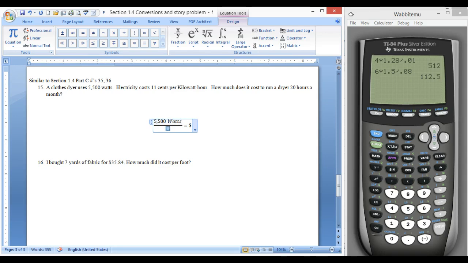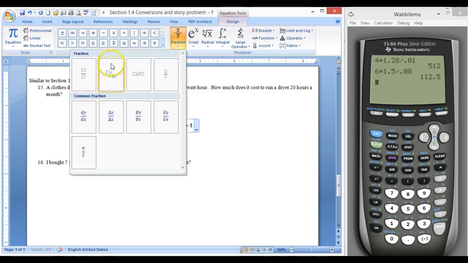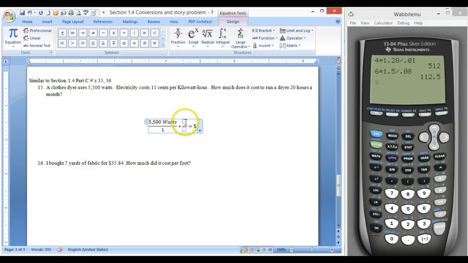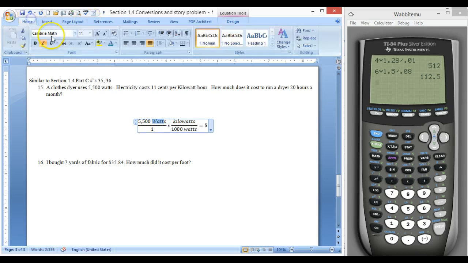I'll put that over a 1 and times this by a fraction. I want to change this from watts to kilowatts, so I'm going to put that a kilowatt is equivalent to 1,000 watts. My watts will cancel, and I'm left with kilowatts. Good.